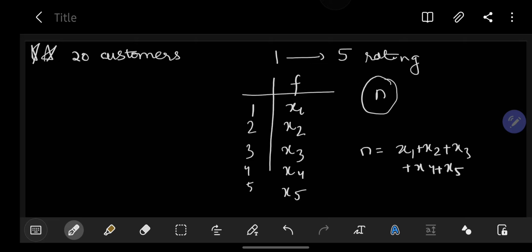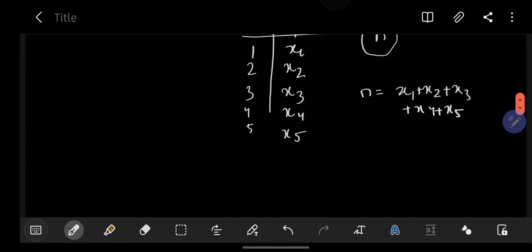I hope you agree. Here, none of the frequencies would be less than 0. It can be 0 but not less than 0, or you can say it cannot be negative. So to denote it correctly, we will write xi, i belonging to 1, 2, 3, 4, 5, or you can just say 1 to 5.